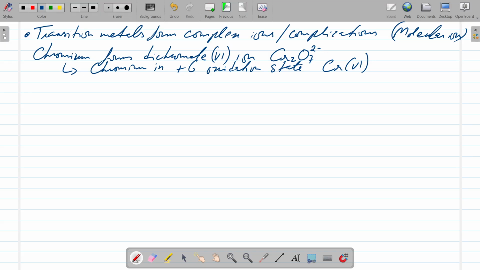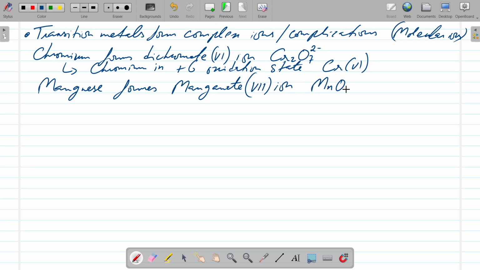Similarly, manganese forms the manganate(VII) ion. That's another example. I believe we've come across this.